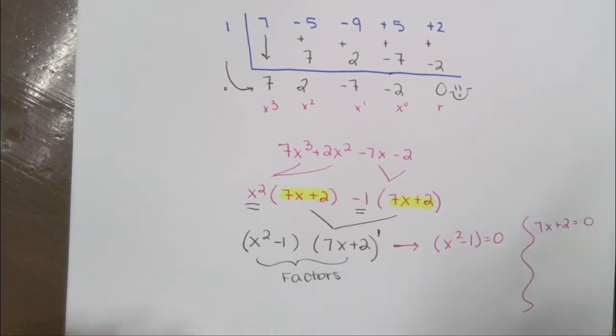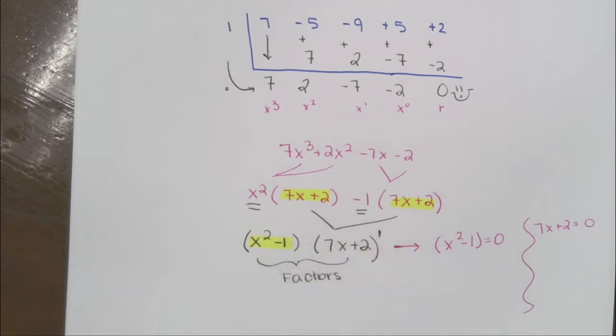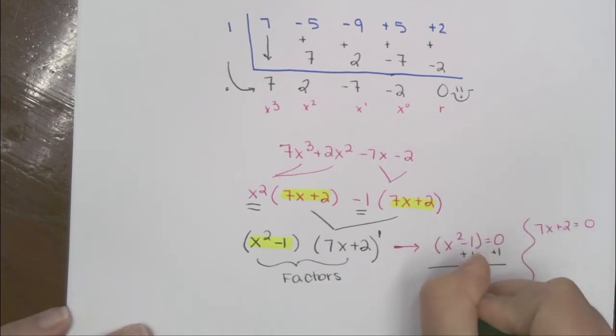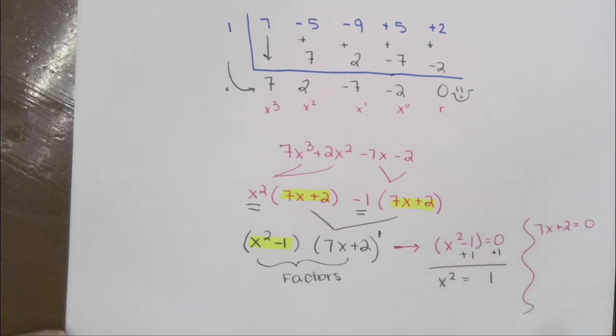Now this guy right here can be factored further. So if you saw that it can be factored more, that's great. If you didn't, you could have gotten away because it's not asking for factors, it's asking for roots. And I'll show you how. We're going to add 1 to both sides here. X squared is equal to +1.